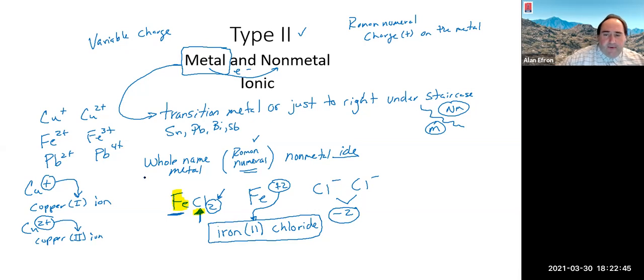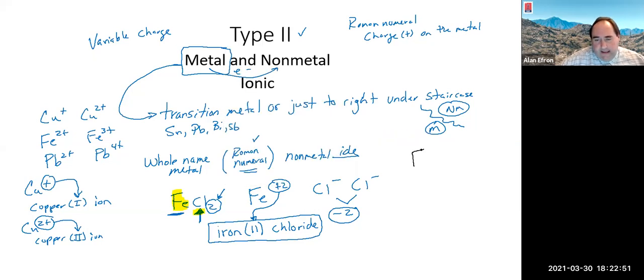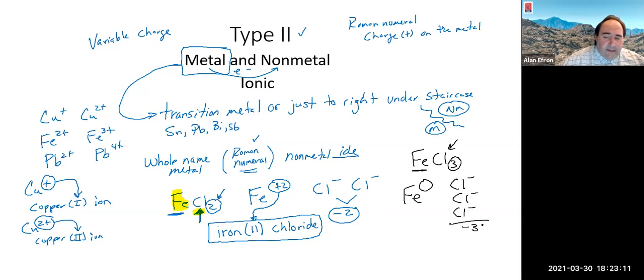Why is that important? Well, what happens if we had FeCl3? If we analyze it the same way, iron is still our transition metal, and we're not sure what the charge might be. Cl is still our non-metal, which is -1, but in this case we have not two of them, but three of them, which means we have a grand total of -3.